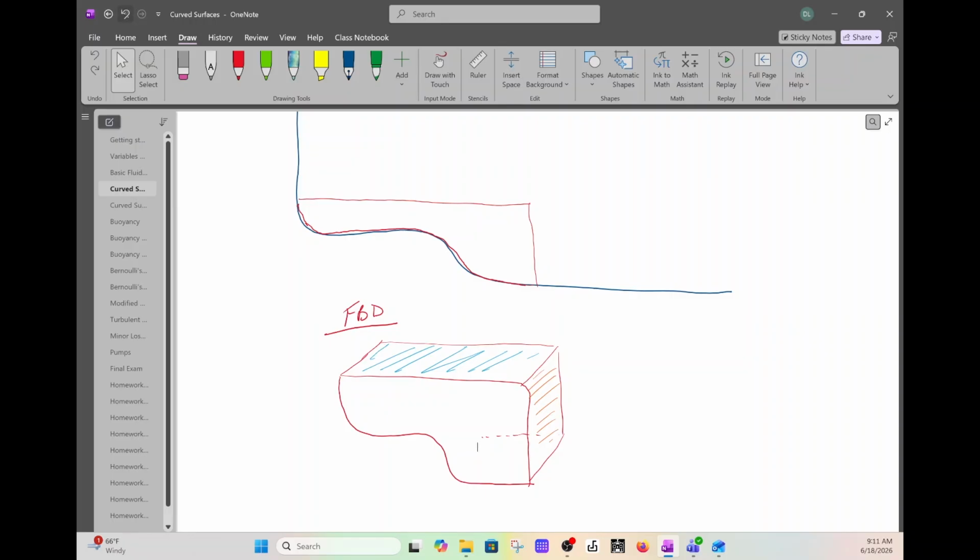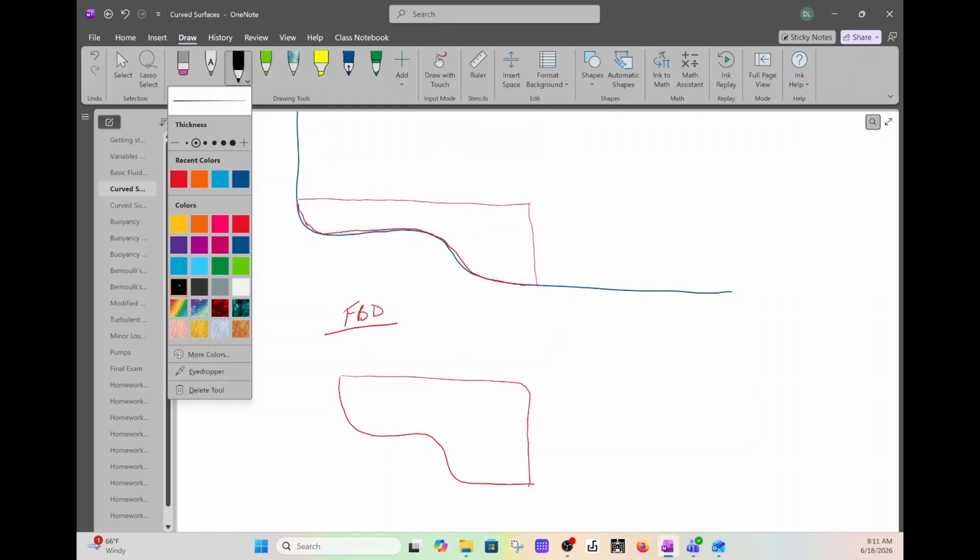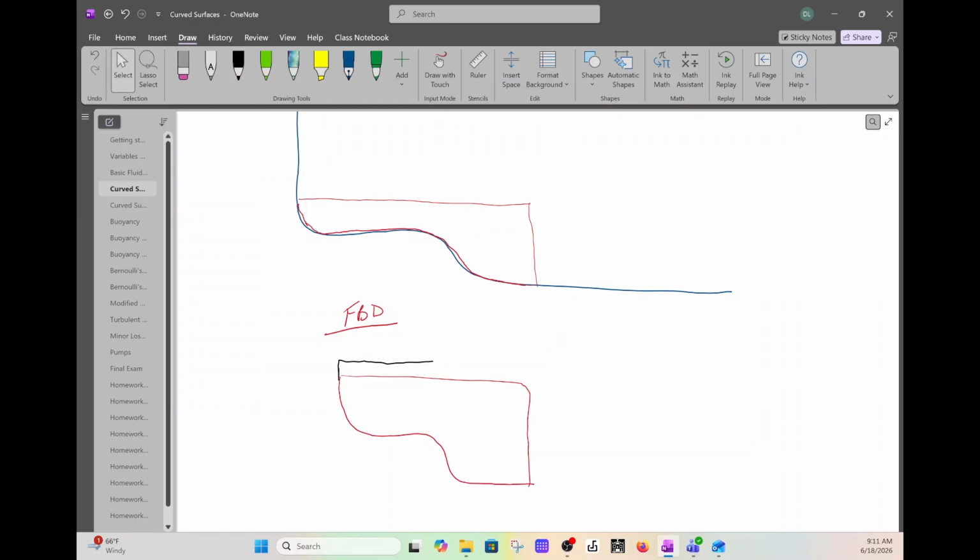So the way I would do this is, let me back up a few, and we'll just look at a 2D image. Okay, I'll erase it. What we're going to do is this creates a force perpendicular, right?